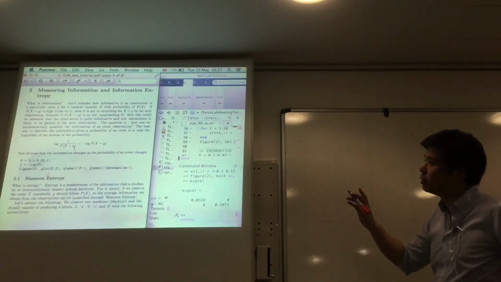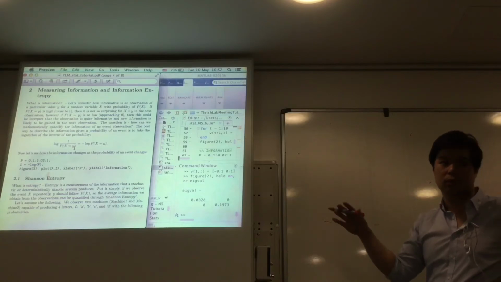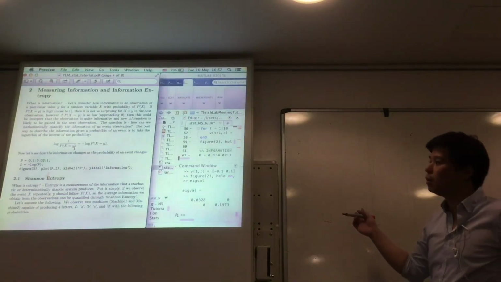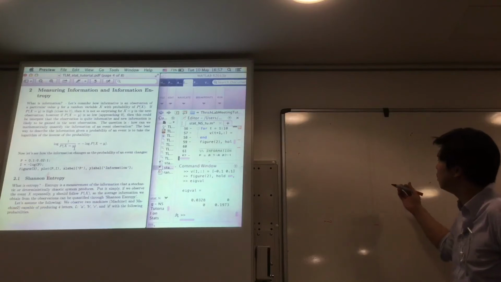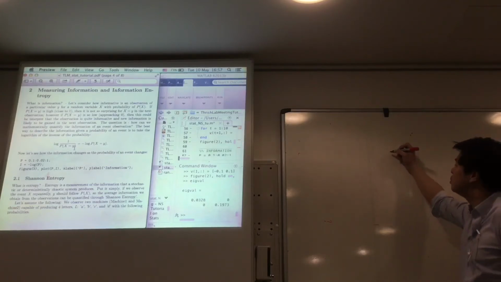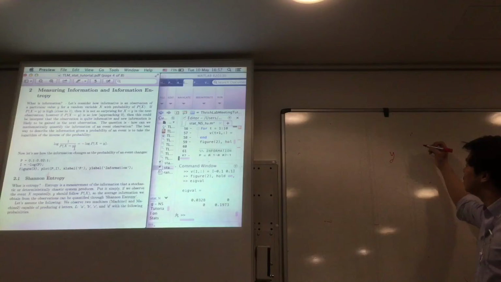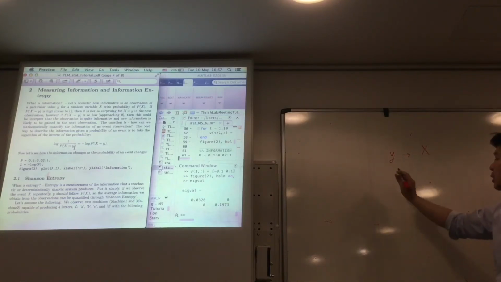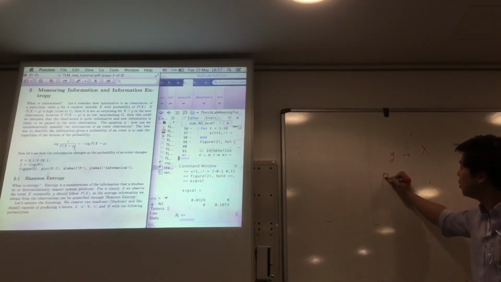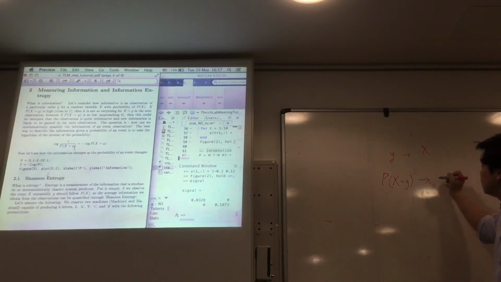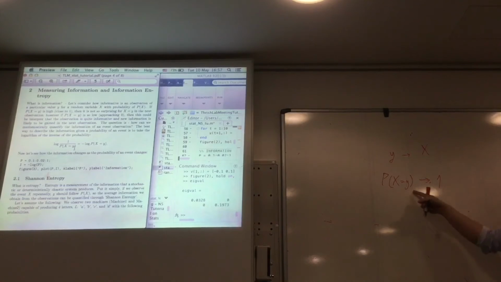Before going to Shannon entropy, I want to talk about information a little bit. Let's say you observe some value y from x. If the probability of x being y is approaching 1, then in the next observation it is not surprising if we see x equal to y.